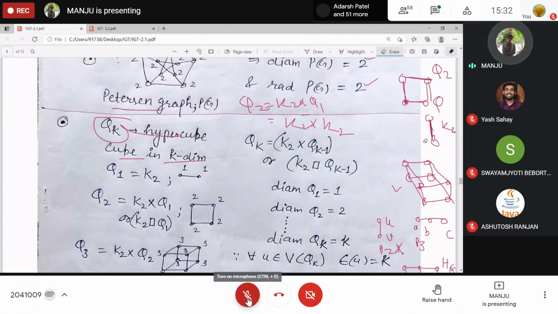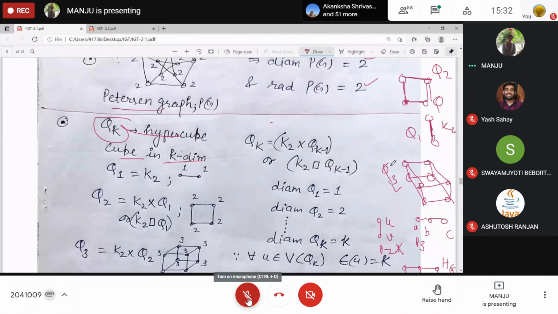Now tell me, what about the eccentricity of Q1? That is K2 itself. This is your Q1, Q2, Q3. What is the eccentricity of every vertex of Q1? 1. The maximum possible distance is 1.